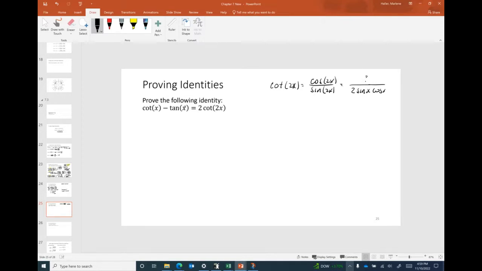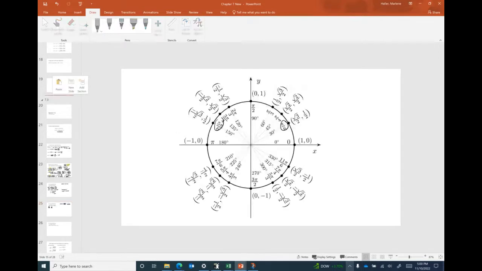All right, I want to get rid of cotangents and tangents. I want to work in terms of sine and cosine because that's what I've got double angle identities for. So let's rewrite the cotangent of x as the cosine of x over the sine of x, right? And then we'll rewrite the tangent as the sine of x over the cosine of x, right?